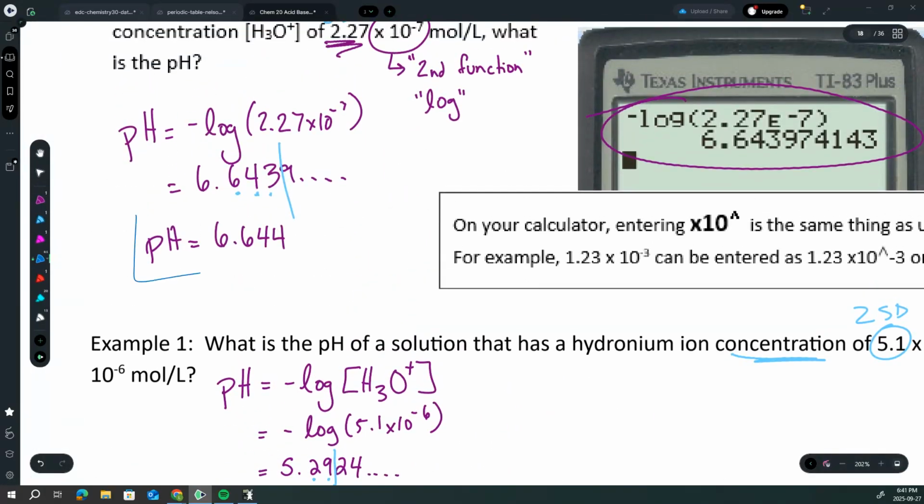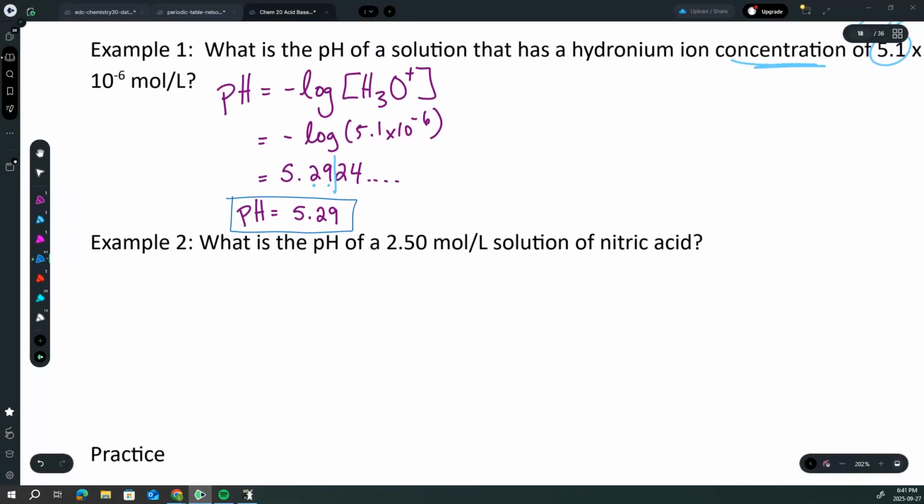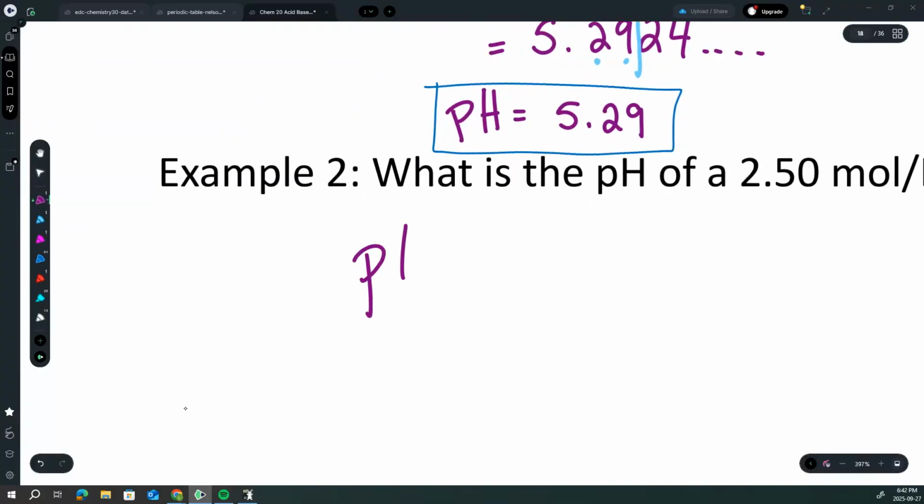And then for this other one, I should also put a box around the final answer there. Example 2: what is the pH of a 2.50 mole per liter solution of nitric acid? First step, write out your formula.